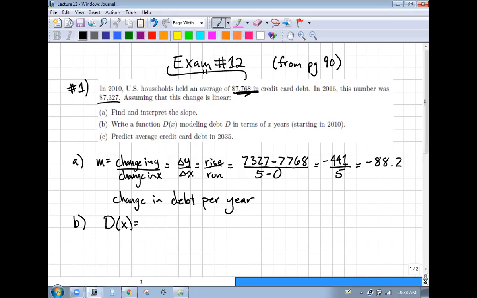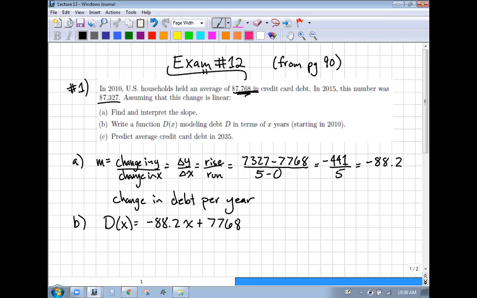You remember your y equals mx plus b. Here's our m. All we need to know is what b is, our y-intercept. It says in 2010, that's time 0. The debt was 7,768. So what we have here is negative 88.2 x plus 7,768. So that's our function.